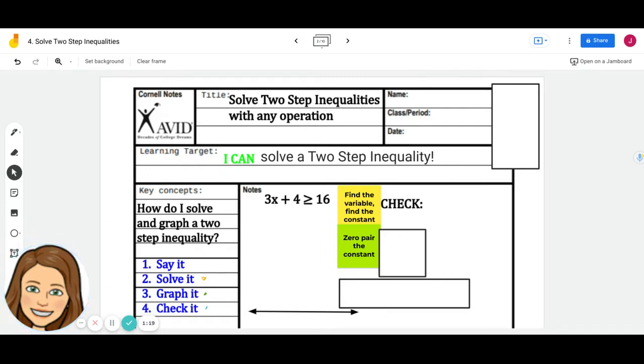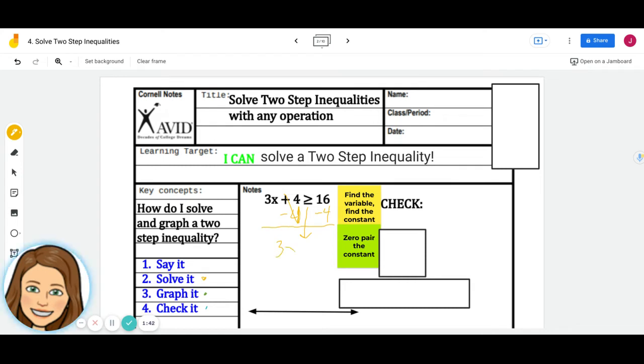That's our starting point. All right, so my variable is 3x. Therefore, my constant is positive 4. To zero pair a positive 4, I'm going to do negative 4 on both sides of the symbol. That makes a zero pair.